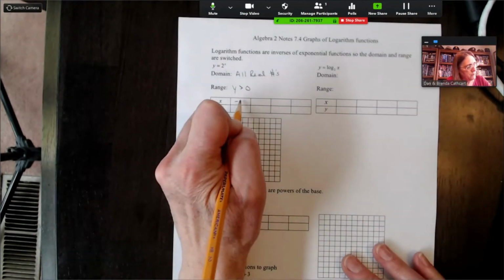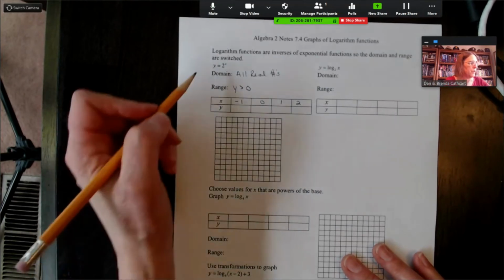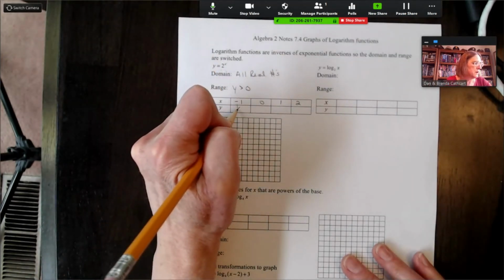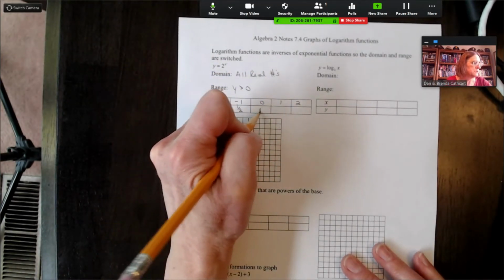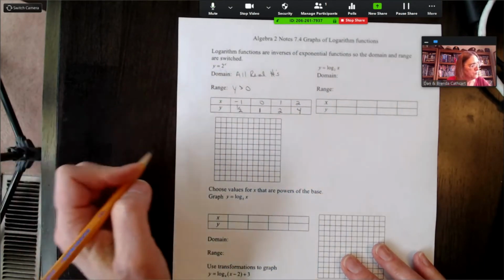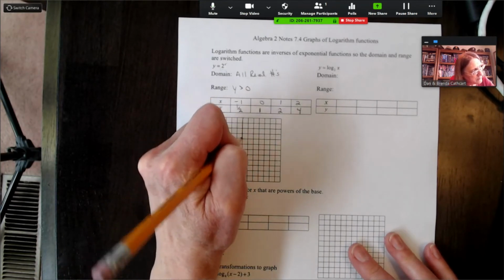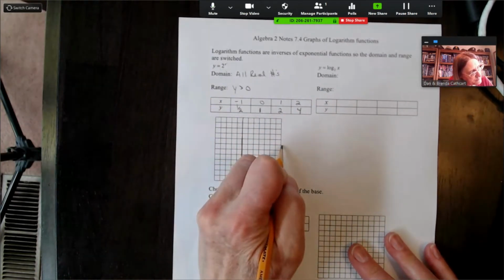We're going to graph a few points on our exponential. 2 to the negative 1 is 1/2, 2 to the 0 is 1, 2 to the first is 2, and 2 to the second is 4. So we have this graph.